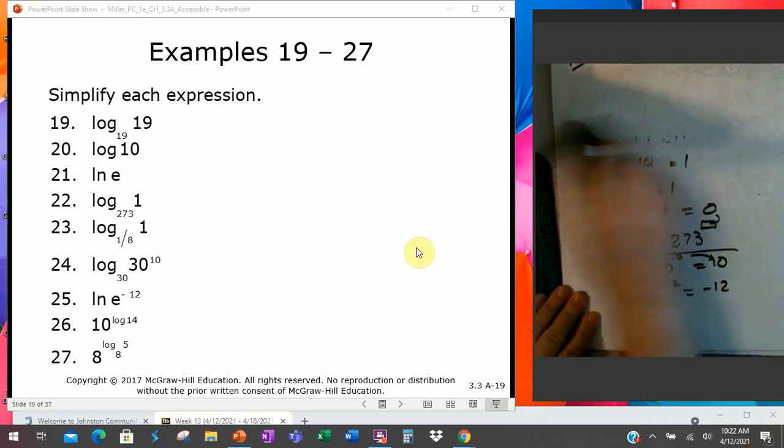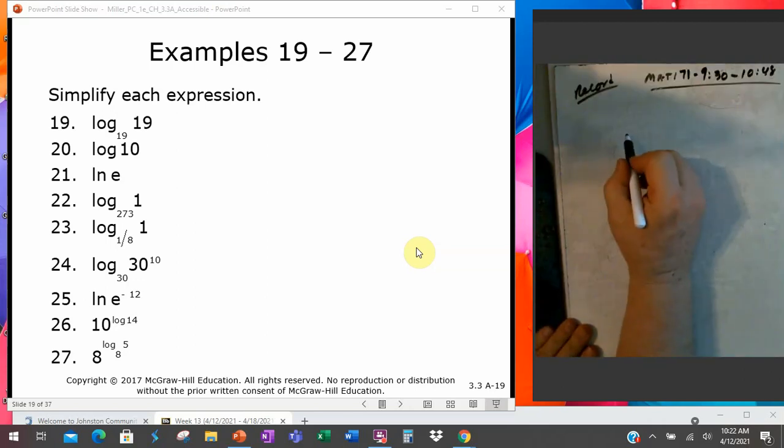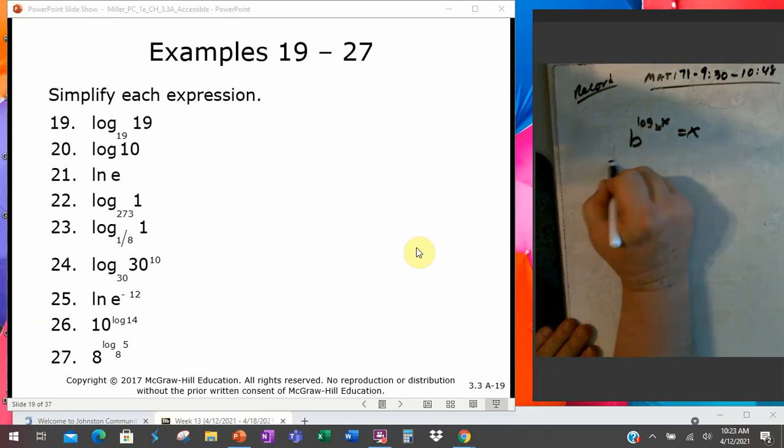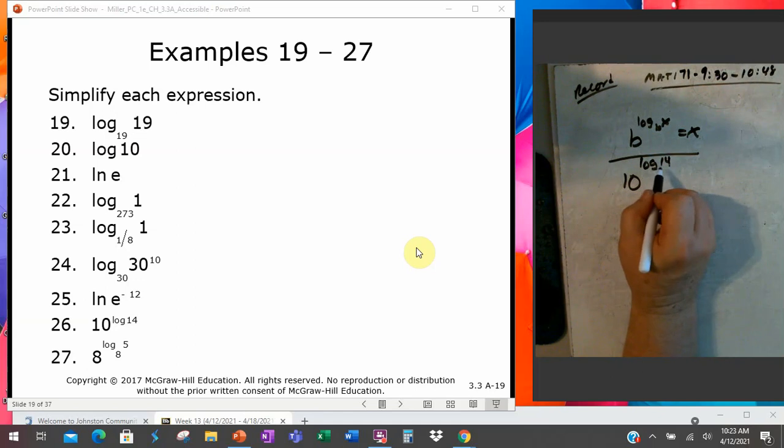And here is the one where I had b to the log b of x is equal to x. Here's an example of this. I've got 10 to the log of 14. This is taking, because I want to represent 14 as a power of 10.